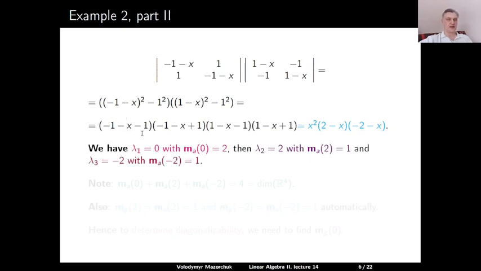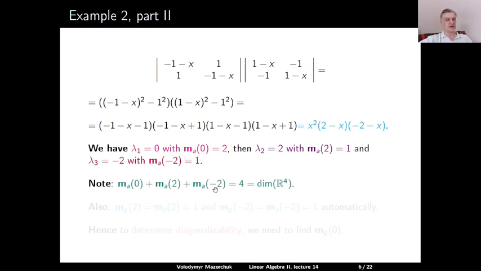So we now have 3 eigenvalues. The eigenvalue lambda 1, which is equal to 0, with algebraic multiplicity 2. The eigenvalue lambda 2, which is equal to 2, with algebraic multiplicity 1. And the eigenvalue lambda 3, which is equal to minus 2, with algebraic multiplicity 1.